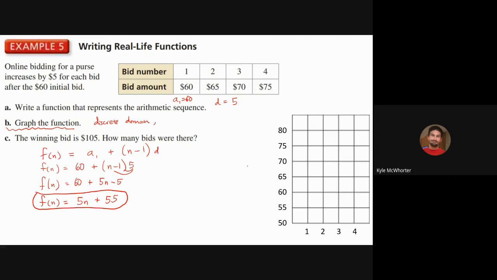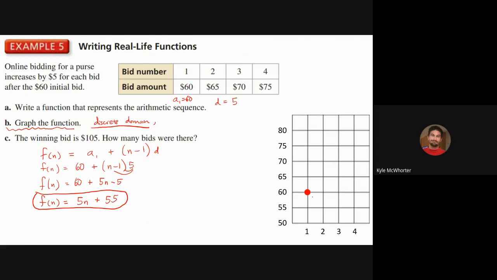Graph the function. Well, in order to graph the function, we can only graph it where the domain is defined, right? There's no zero, because when zero happens, there's no bids. We only start when there's one bid, right? So one bid puts us at $60, so the term one, the value was 60.